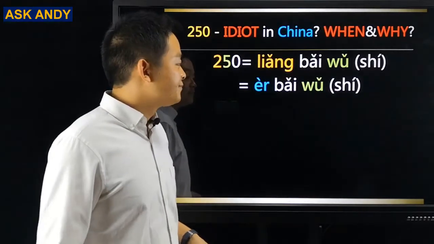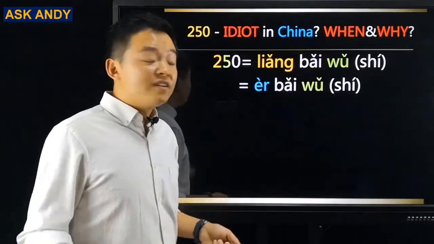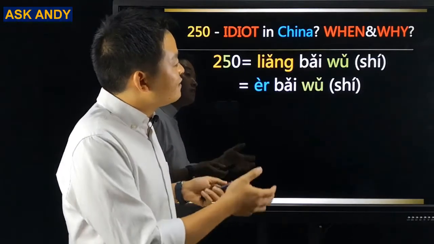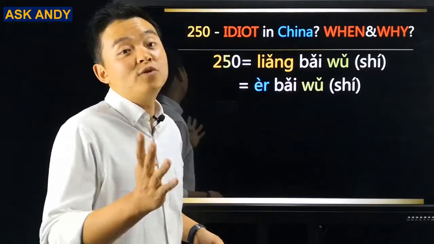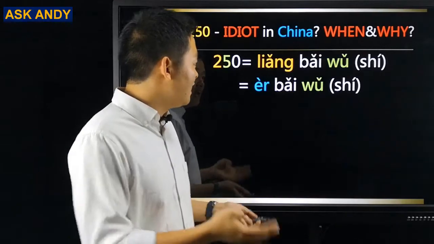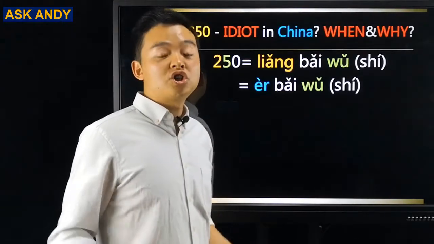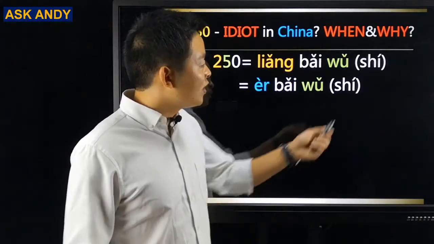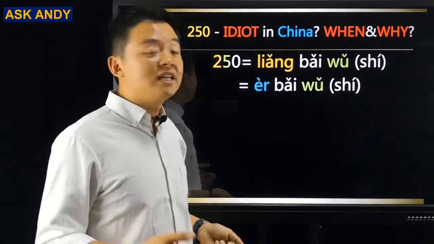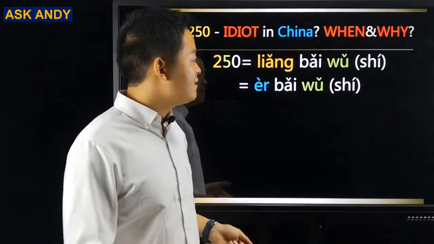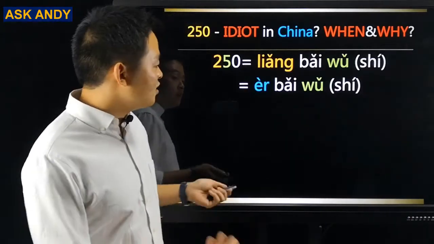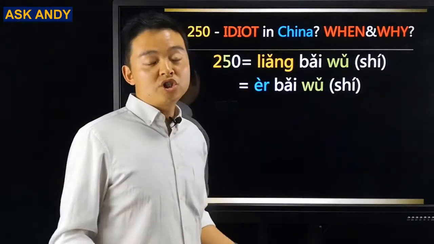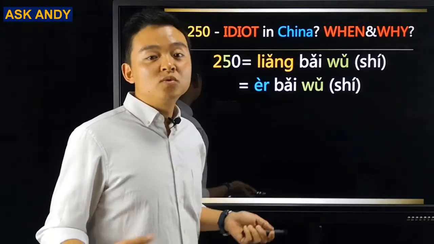When and why? We have known that 250 has 2 ways to read it, actually 4, right? We read it as 二百五. Or we omit that 百, and it becomes 二五. The other way, 二百五.